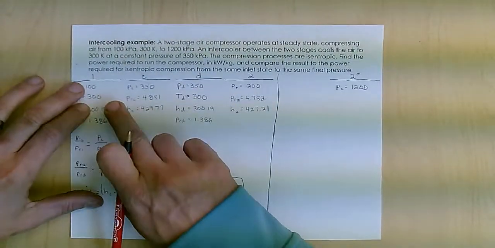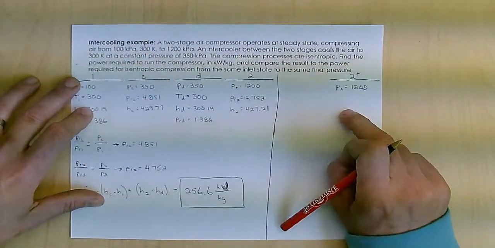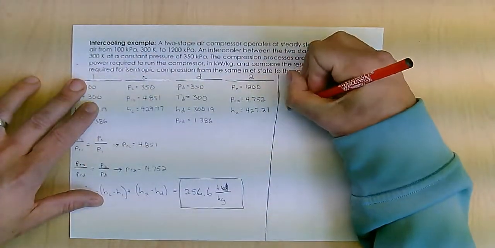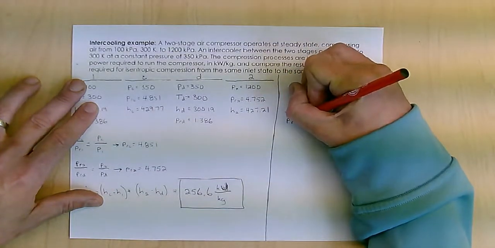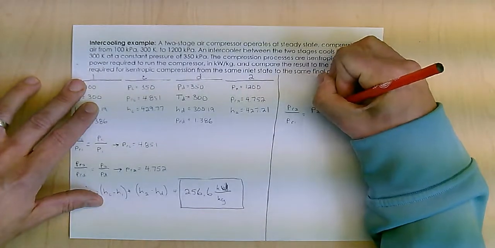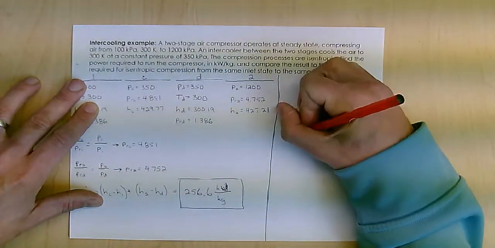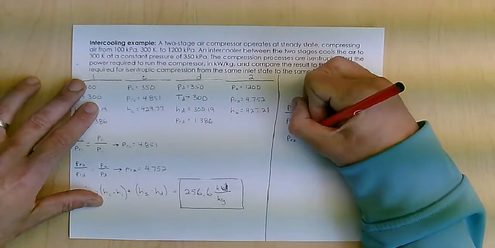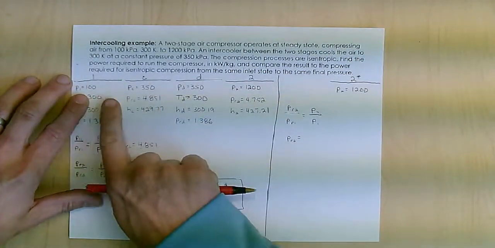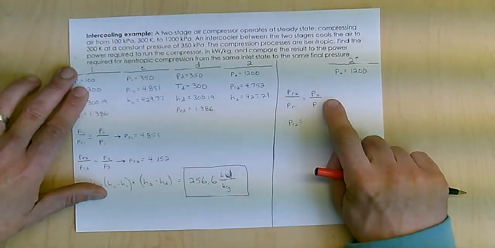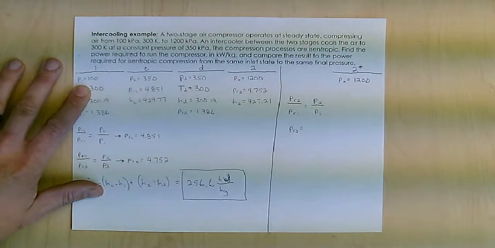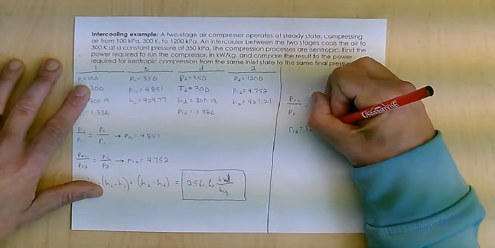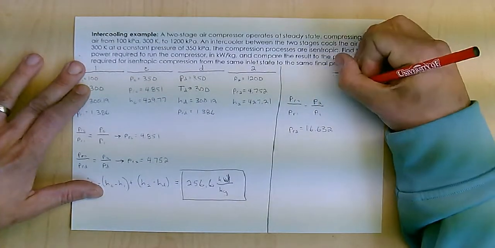Now, do the exact same thing going from 1 to 2. This is an isentropic compression, so PR2 over PR1 equals P2 over P1. From that, I can learn PR2, now using a compression ratio of 12, and I calculate PR2 to be 16.632.